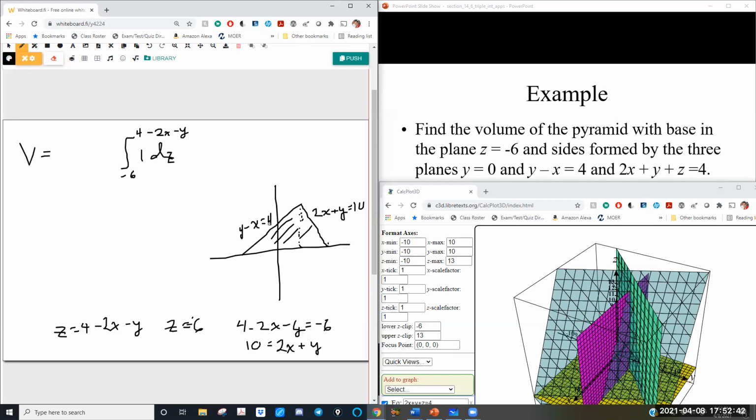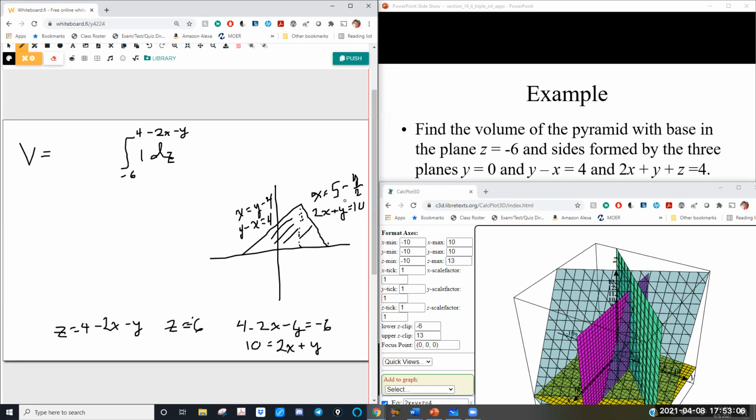So that means both these equations have to be solved for x. Solving this one for x, if I add the x over, subtract the 4, I get x equals y minus 4. Over here, subtract the y and divide by 2. That one becomes x equals (5 minus y) over 2.